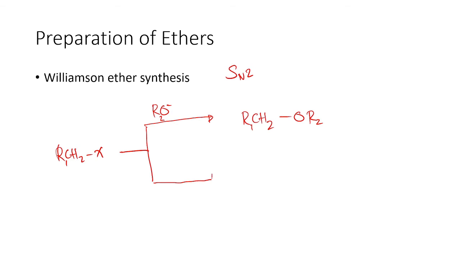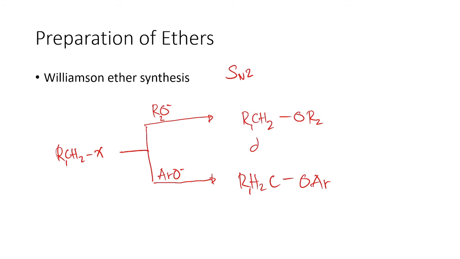And if we want to synthesize alkyl aryl ethers, syempre, we will be using our phenoxide. And in that, we will be having these products wherein we will have here our R1 carbon that is attached to our phenoxide.